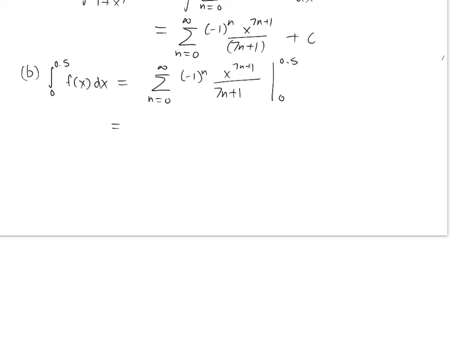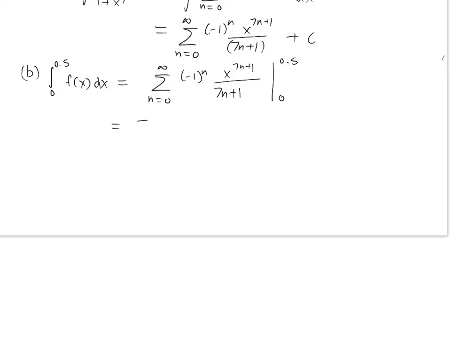Okay, so now, first of all, the x's that you can plug into this function for convergence are things between negative 1 and 1. So is 0.5 between negative 1 and 1? Yes, good, okay. So now you plug in those numbers, the 0.5 and 0 for x. So what happens when you plug in 0? Everything's gone. Does that make sense? Plugging in 0 for x means that last sum is 0. So sweet.